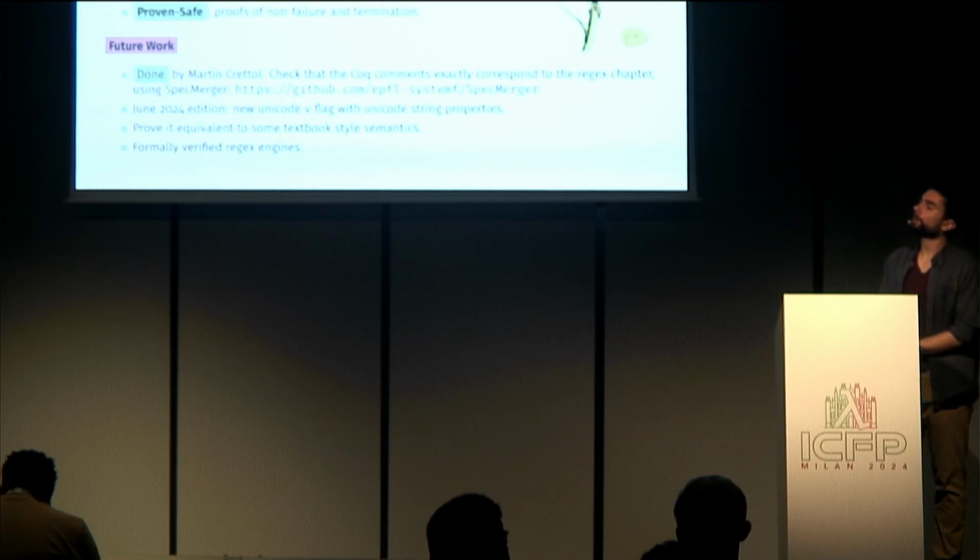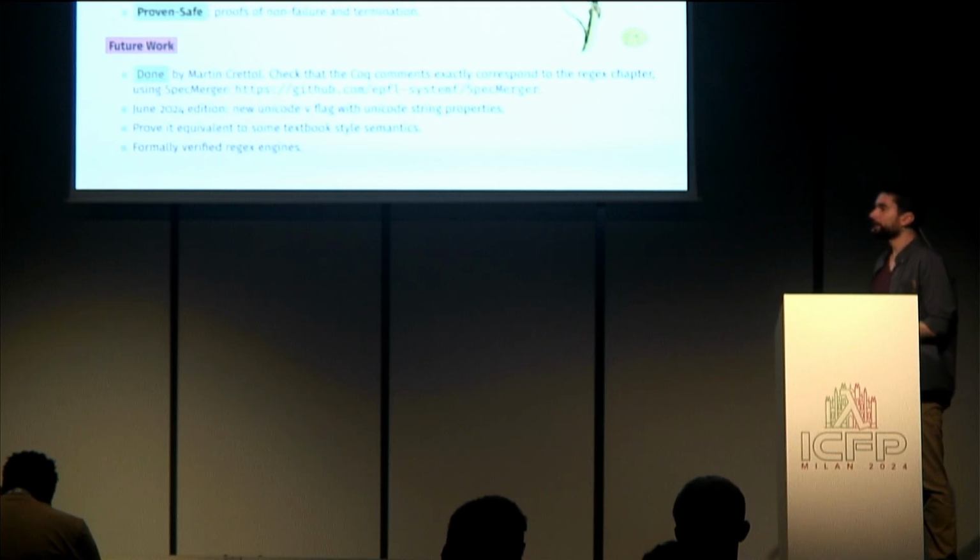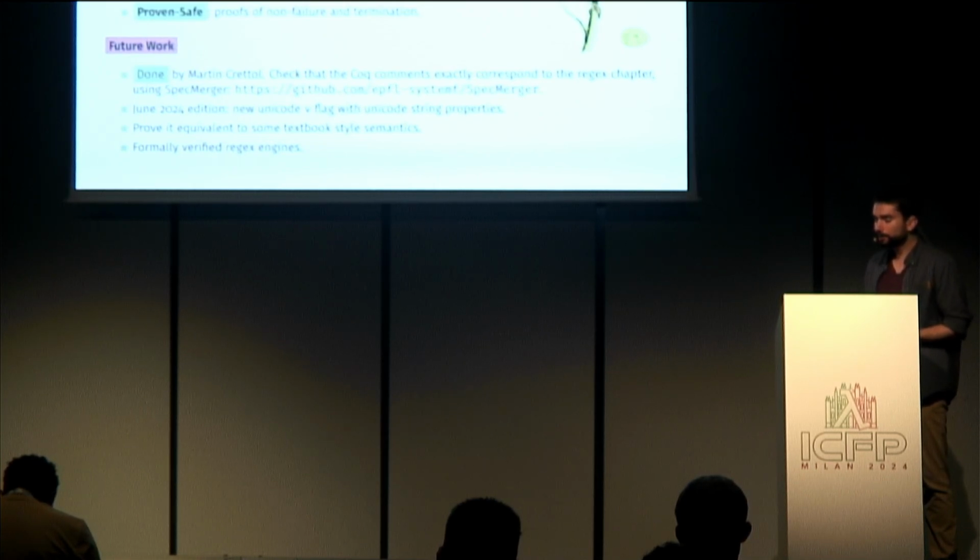So are you speaking specifically about JavaScript? Okay. So for JavaScript, indeed, there are a few mechanizations of the JavaScript language, either in Coq or in other kinds of languages like ES Meta and so on. In our experience, none of them targeted the regex chapter.